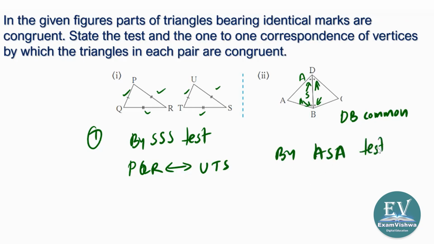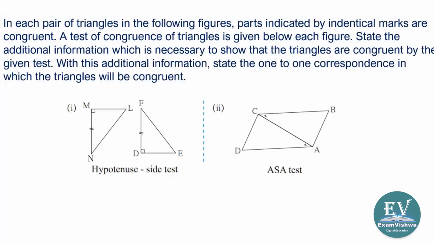If I write the correspondence, we can write DBA. If you take DBA, you should take DBC. DBA, DBC. So this way you will represent the answer. Okay, that is one thing you should understand.